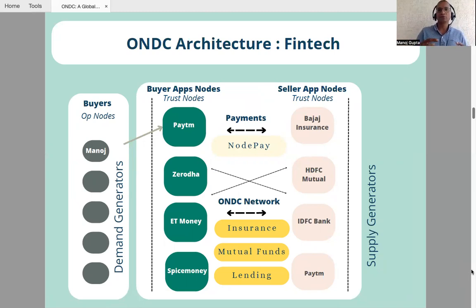Then it will go to sellers who have GST, so GST-based financing for working capital. Insurance can be health insurance to start with. Mutual funds, small ticket size, 100 rupees, 1,000 rupees mutual funds. So that's basically the thought process happening right now from a fintech perspective.